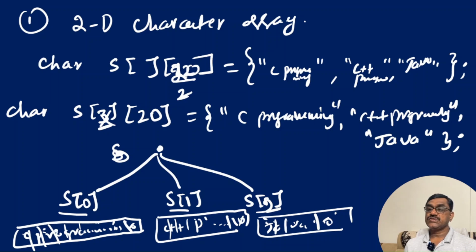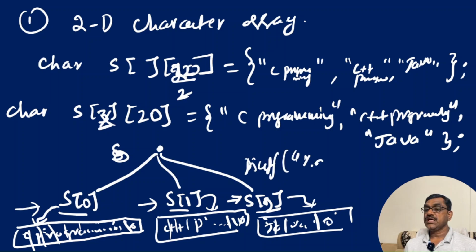See, this is the first string. S of 0 is representing the first string. S of 1 is representing the second string and S of 2 is representing the third string. Indirectly, here we are using 3 one-dimensional arrays. If you want to print the first string, we just say printf percentage s, S of 0.